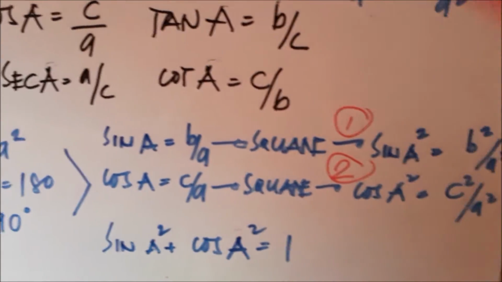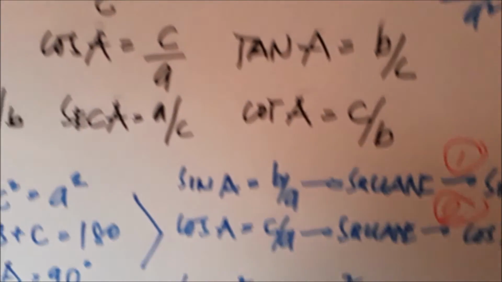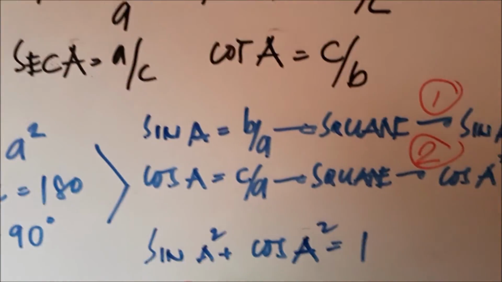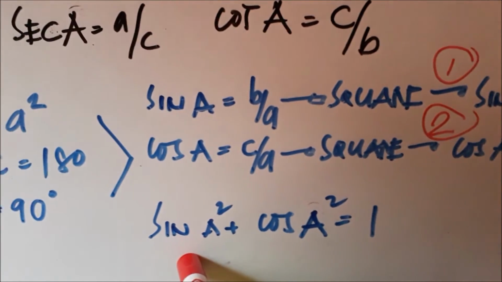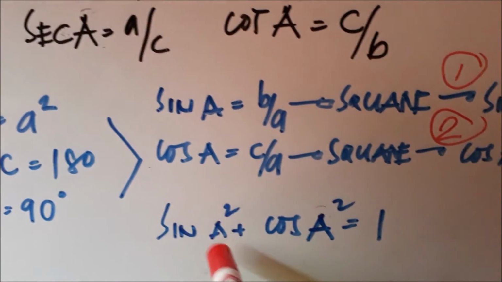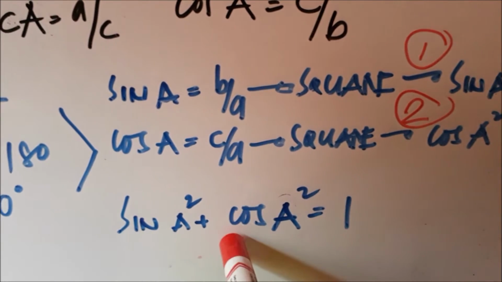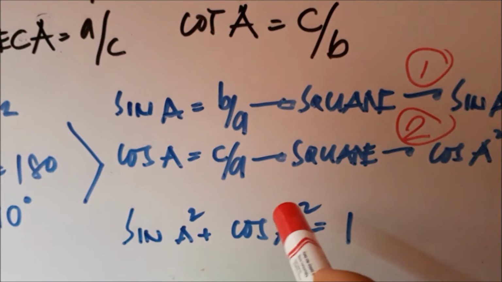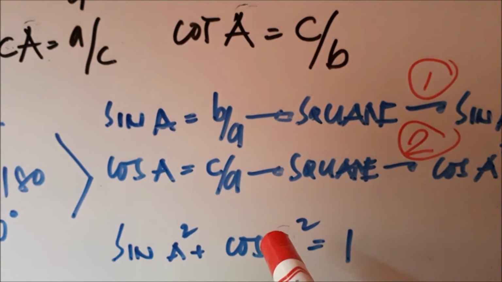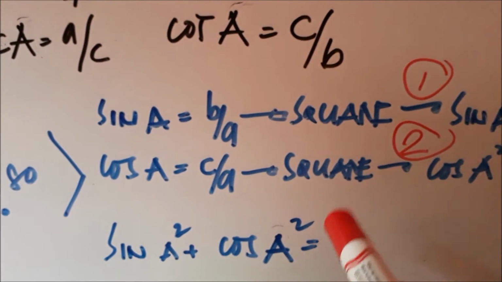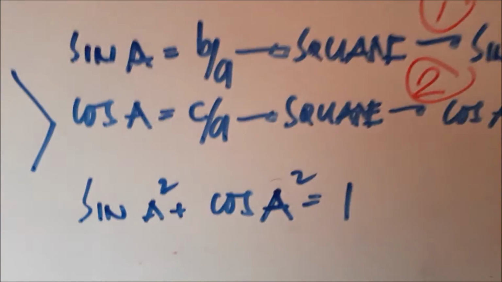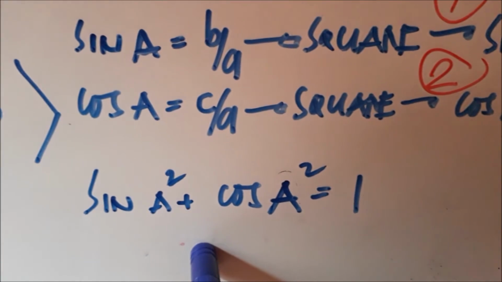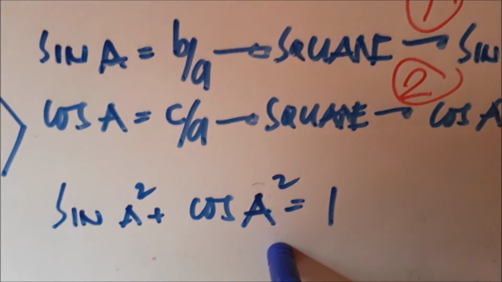Let's verify that one, assuming that the angle A here is 30 degrees. Take the sine of 30 degrees and square it, take the cosine of 30 degrees and square it, and that will be equal to 1.